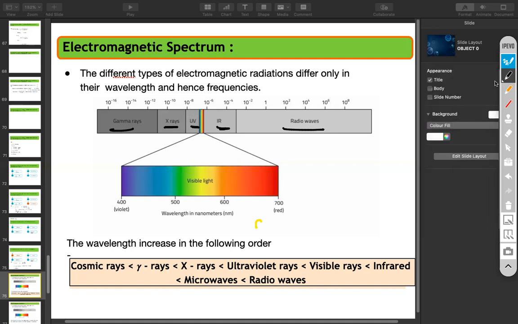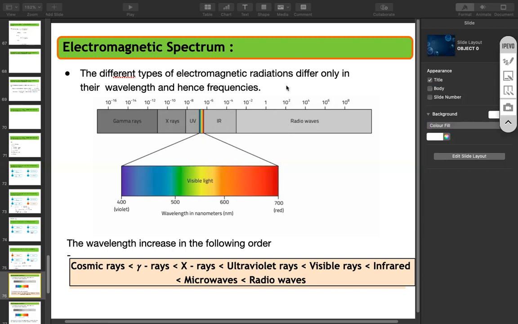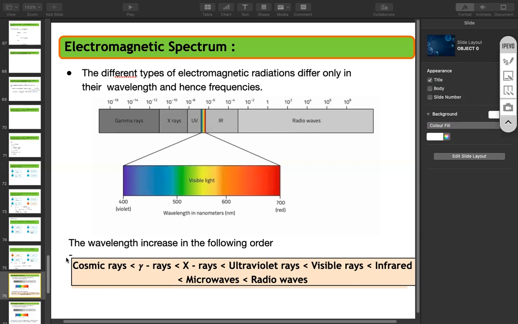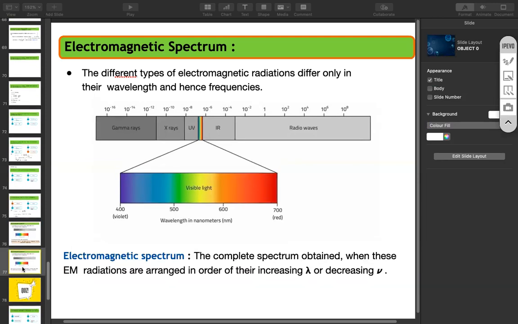Next is the electromagnetic spectrum. What is a spectrum?